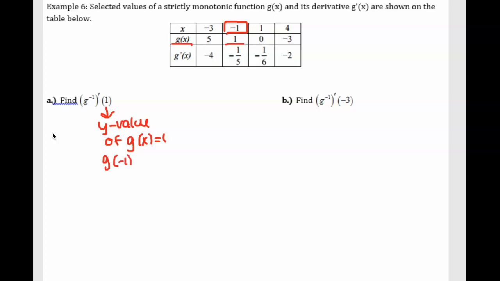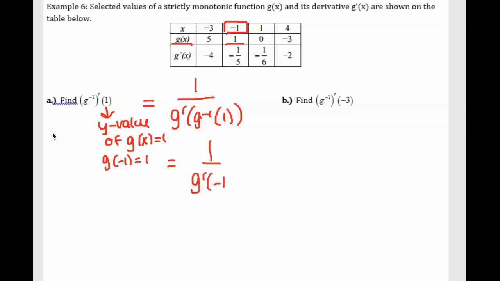This is like saying g of -1 equals 1, which means in terms of plugging it in, this is like finding 1 over g prime of g inverse of 1, which is really like finding 1 over g prime of -1, because that's my x value. So that's 1 over g prime at -1, which is -1/5. So this is really -5.